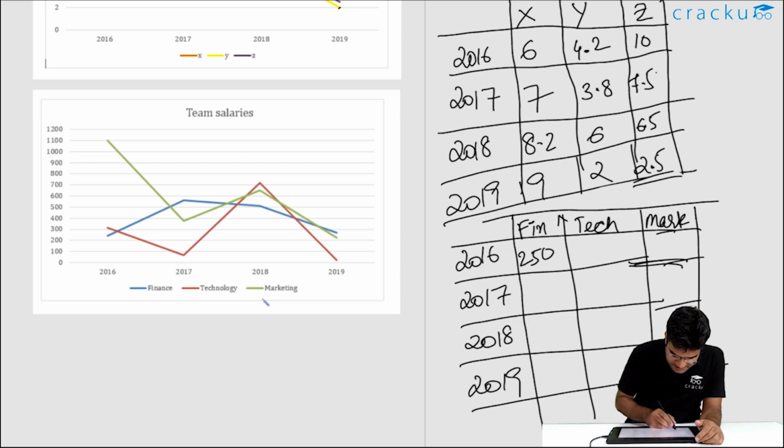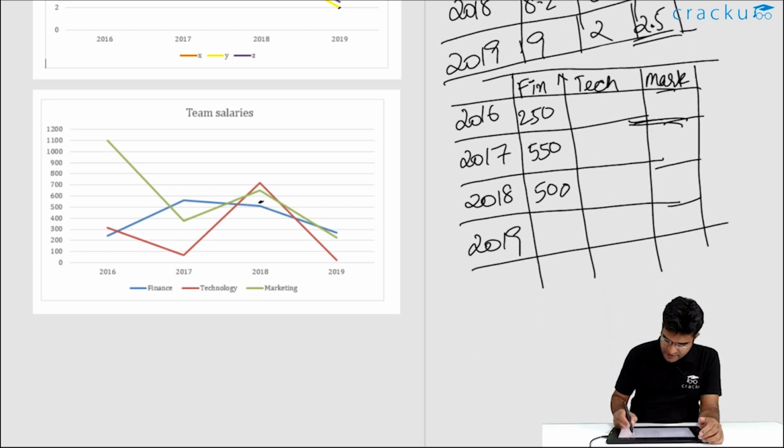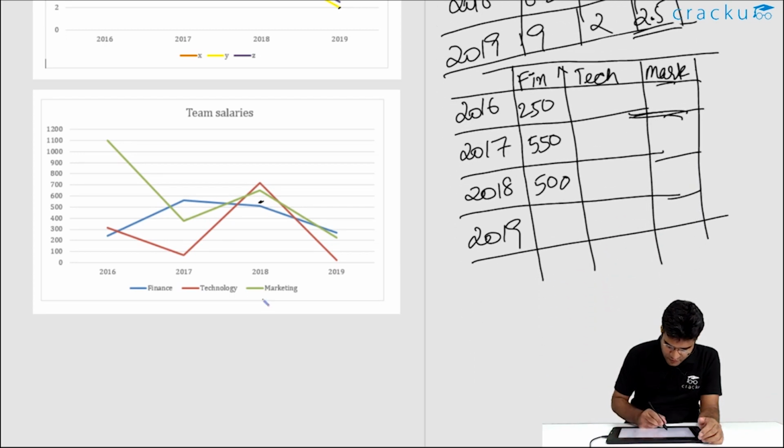Now in 2017 it is say around 550. In 2018 this one is 500. And if you are looking at 2019, let me first scroll it down a bit here. So the 2019 number for finance, that is this one, is close to 280.